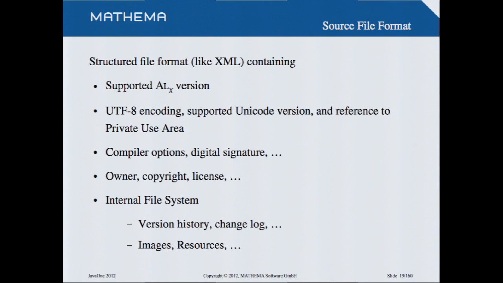So this is very useful if you have a special algorithm which requires special options. Then you can put the options where you need them, because if you don't know that you have to translate it with a special option, then the information might get lost. So you put everything in the file, even the version history, change log, or whatever you like to do.